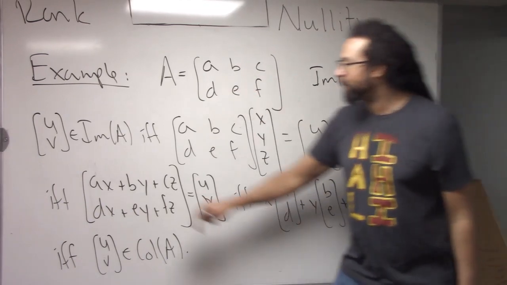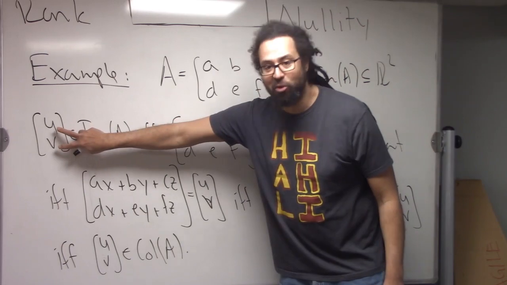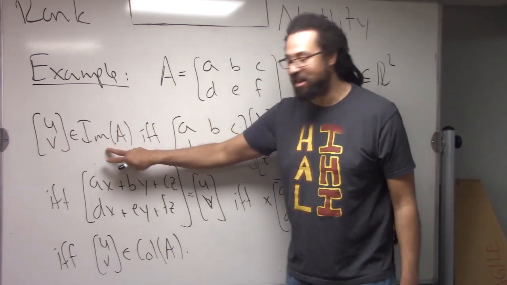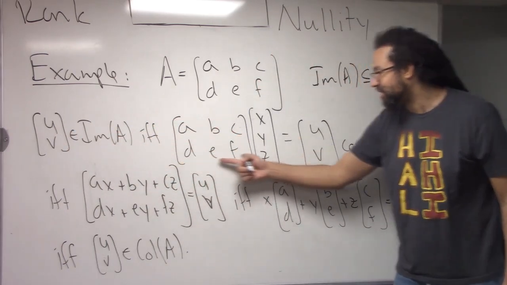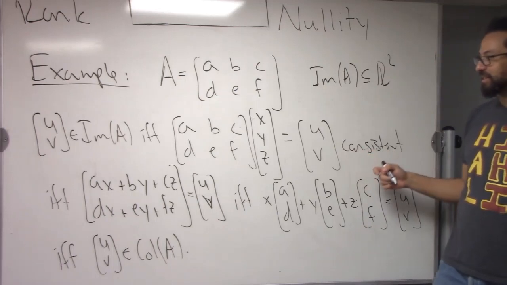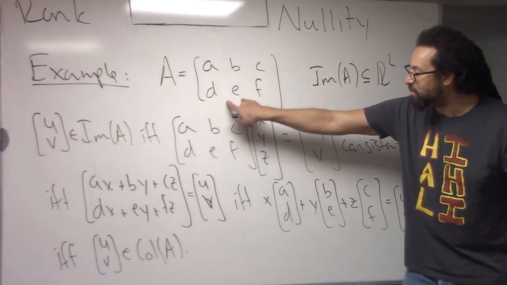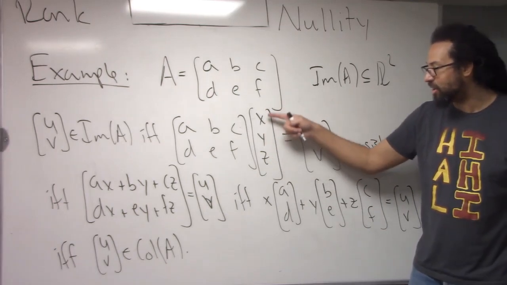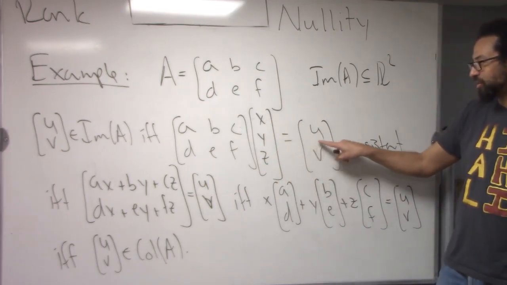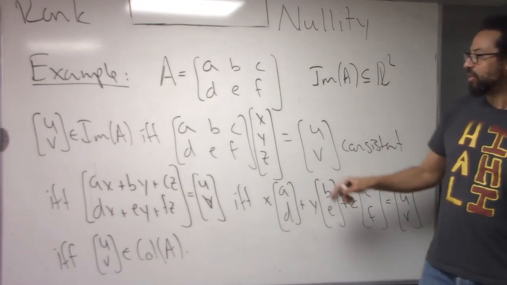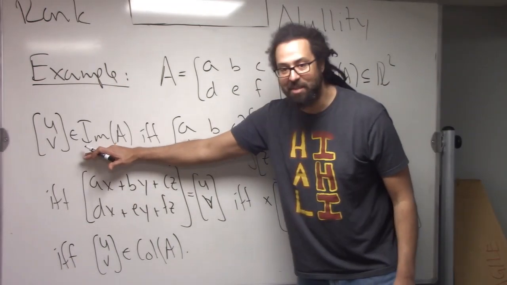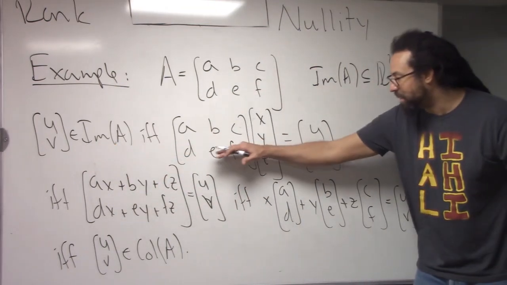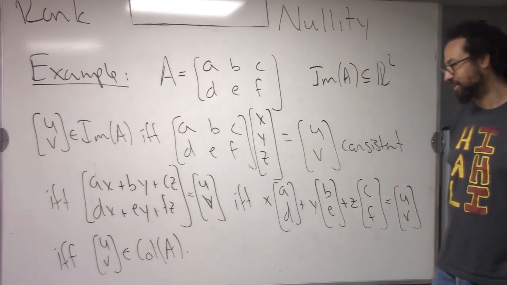Now, a 2-vector (u, v) lives in the image space if and only if this linear system is consistent, right? So this matrix A times some vector in R^3, call it (x, y, z), is equal to (u, v). Again, (u, v) is in the image space if and only if this matrix equation is consistent.